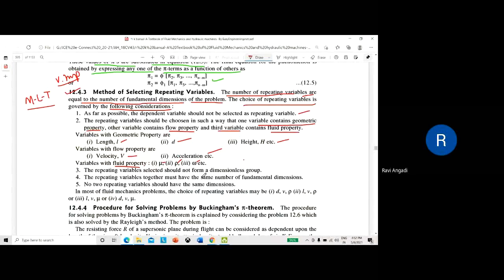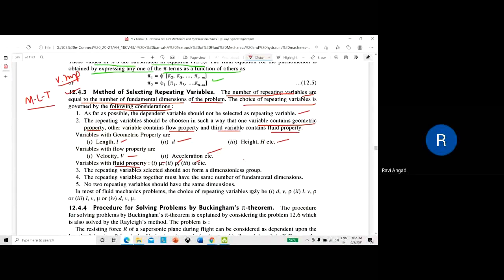They are called fluid properties. So whenever you are choosing repeating variables, one is to be taken from the geometric property, one from the flow property, and the third one from the fluid property.